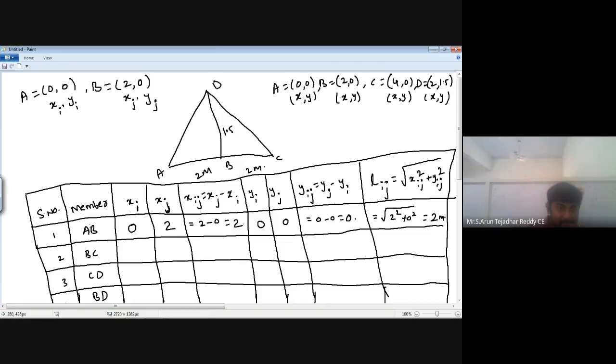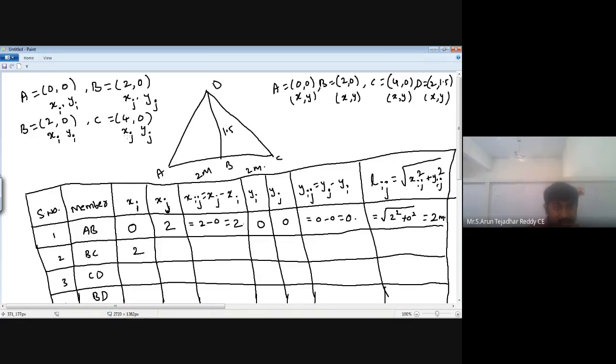Next, BC member. It means take B coordinate and C coordinate. B is 2 comma 0. C is 4 comma 0. It means x, y, x, y, just indicate xi, yi, xj, yj. Same values apply here. Xi is 2 meter.